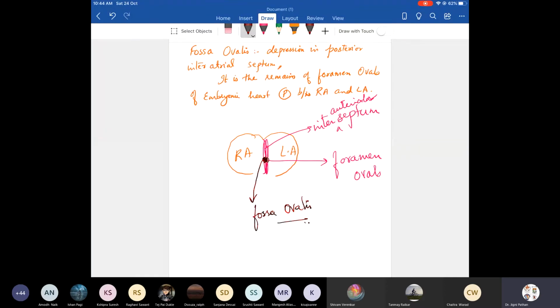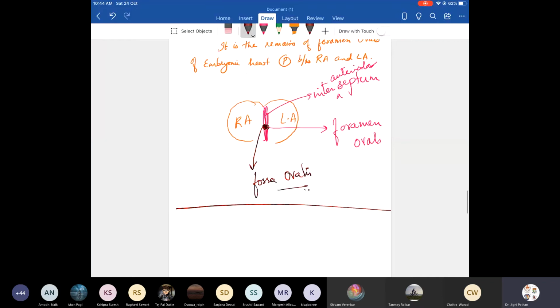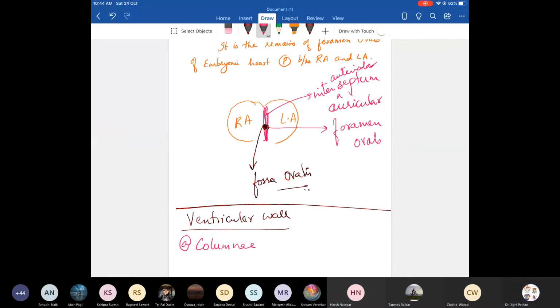The next is ventricular wall. Ma'am, what have you written? Interauricular septum. The septum that is present between the two auricles. Okay, ma'am. Sorry. Ma'am, can you scroll up?